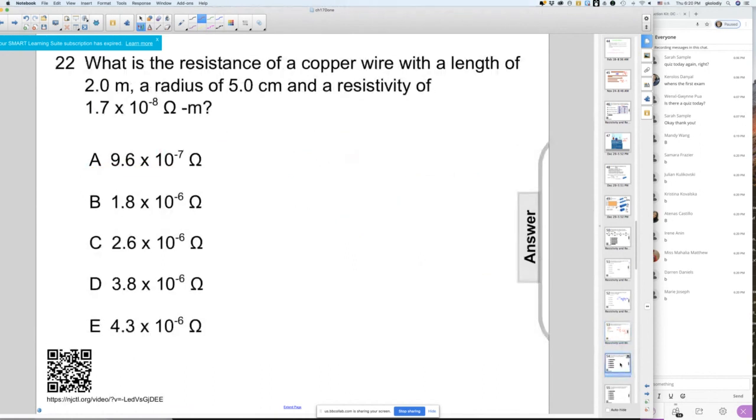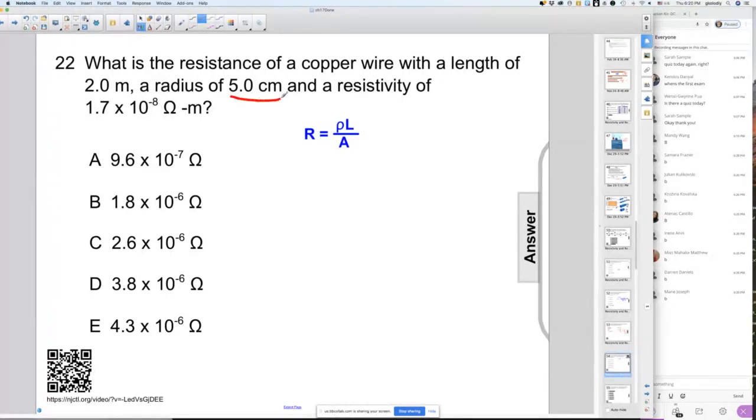Okay, so let's look at this. So this is another 122. Using the formula to calculate the resistance, we'll just set it up. We won't do it because it's the same as any other problem. The trick here is that this is in centimeters.